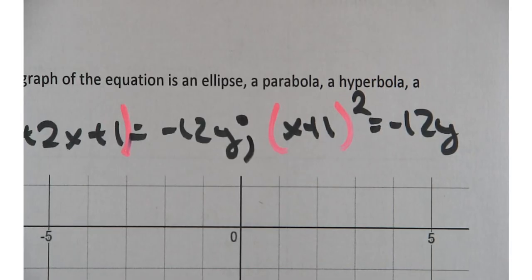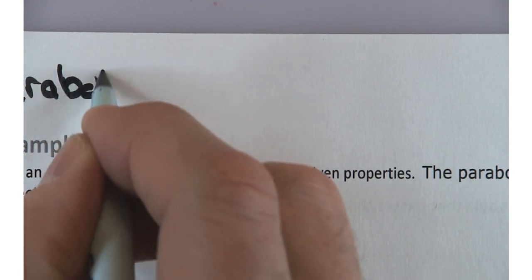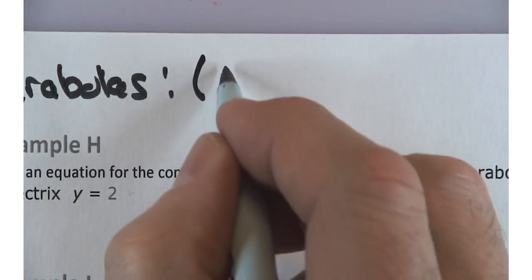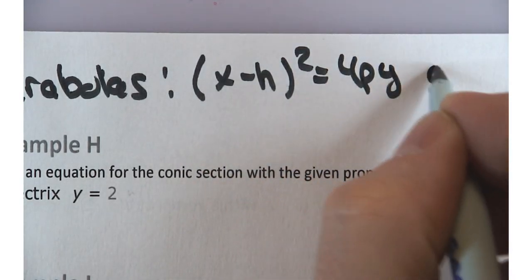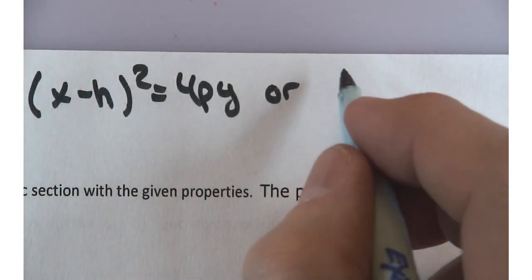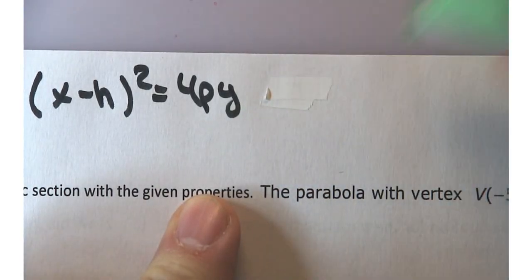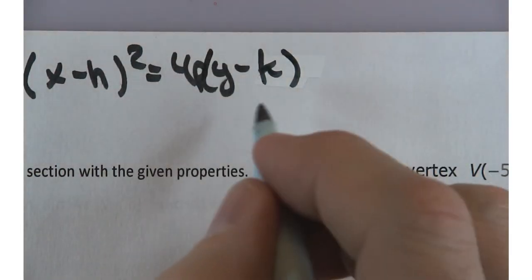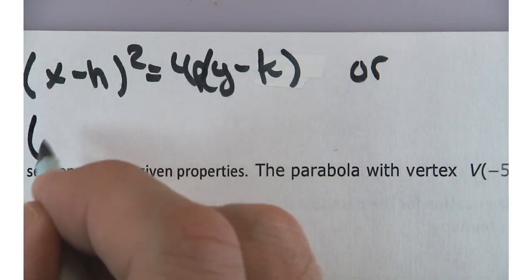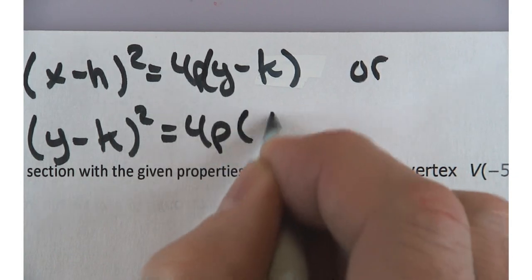Now, your parabolas are going to have two general forms. And remind you, for parabolas, it's either going to be (x minus h) squared equals 4 times p times (y minus k), or (y minus k) squared equals 4 times p times (x minus h).